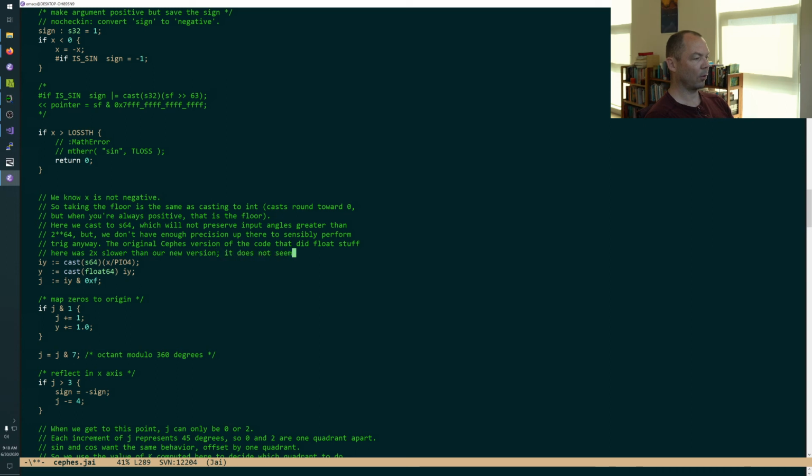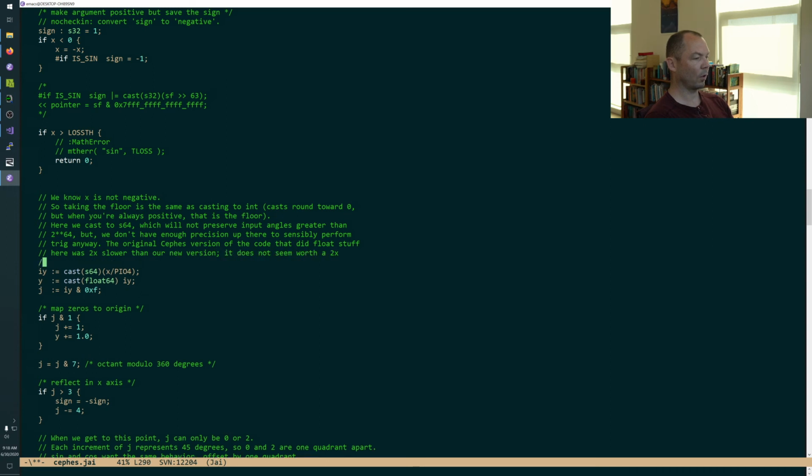It does not seem worth a 2x slowdown to maintain output compatibility for numbers that are useful. I don't know what to say about that. Those floors, that was me just temporarily uncommenting those so that I could email you.